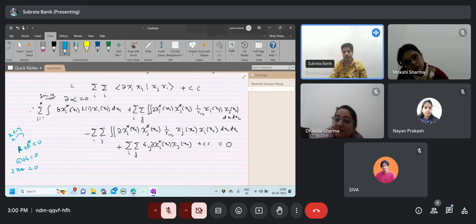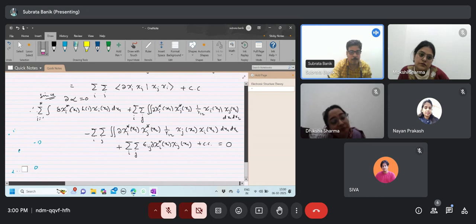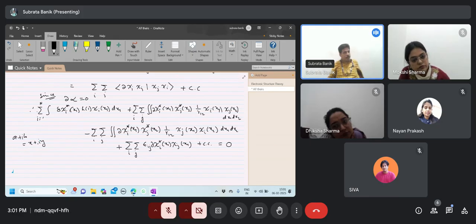If they are the same, then the real parts are the same and also the imaginary parts are the same. I'll give another example to avoid your confusion. Let's say I have two complex numbers, a plus ib equal to x plus iy. Now what does it mean? It means a equal to x, b equal to y. Imaginary parts are the same, and real parts are the same.